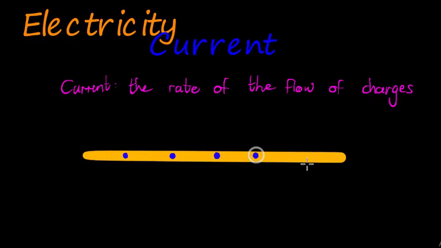Here's our electrons. They're going to flow, assuming that we have a source of electrons on the one side. On the one side we're adding electrons, and on the other side we are electron deficient. So in other words, we have a positive charge on this side attracting these electrons to move.